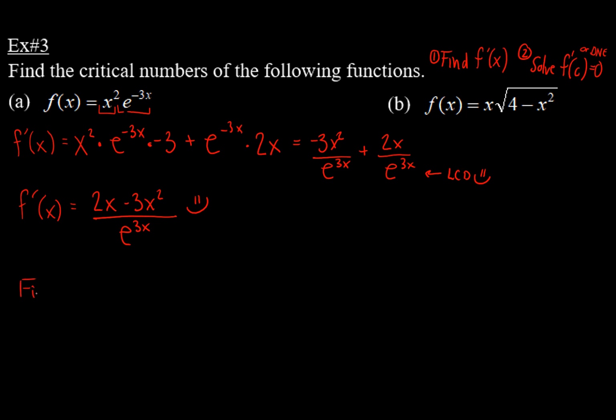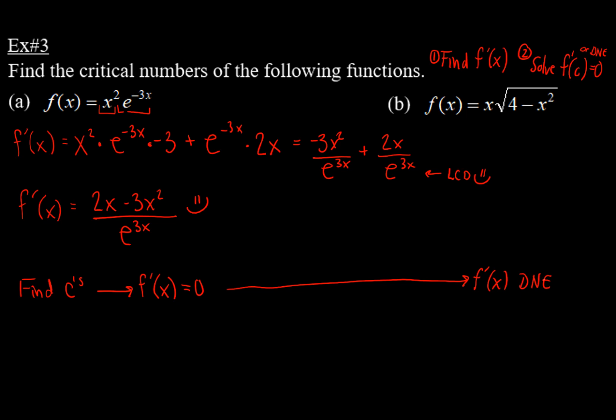Next, I'm going to find my c's. So I'm going to find where f prime of x equals 0, and I'm going to find where f prime of x does not exist.